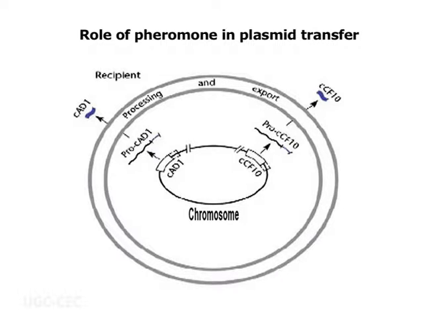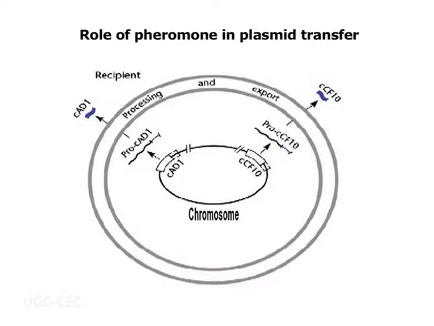It gets accumulated, and when it reaches a threshold concentration, only then will this signaling molecule bind to the receptor proteins present on the cell surface of the donor bacteria. Take the example that the recipient bacteria is secreting a signal we call CAD1.